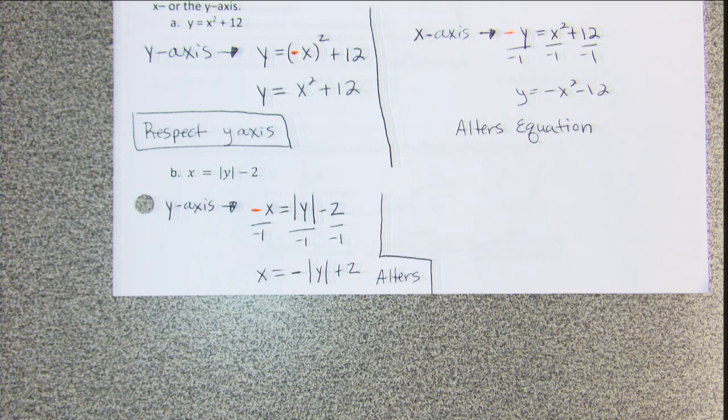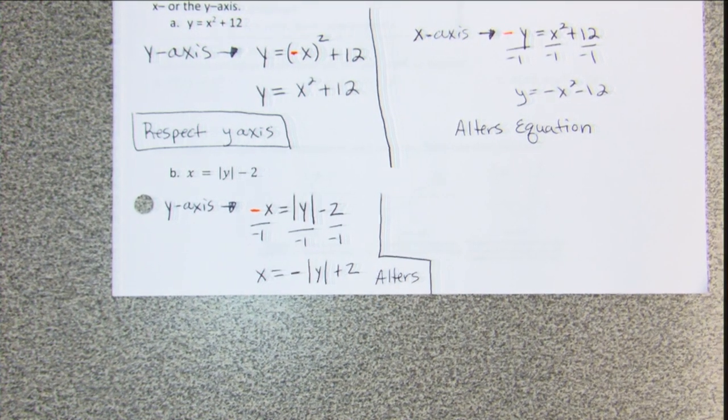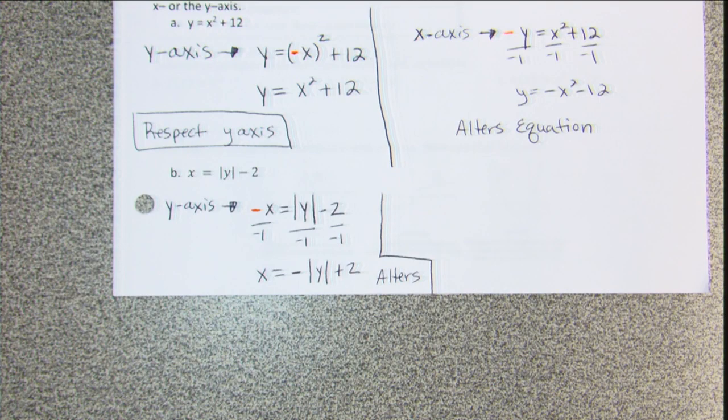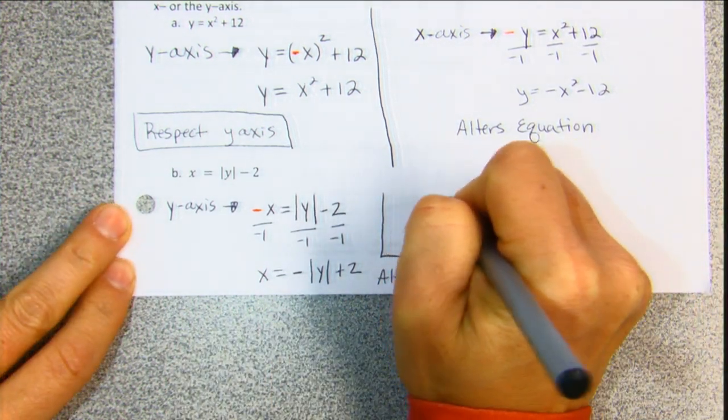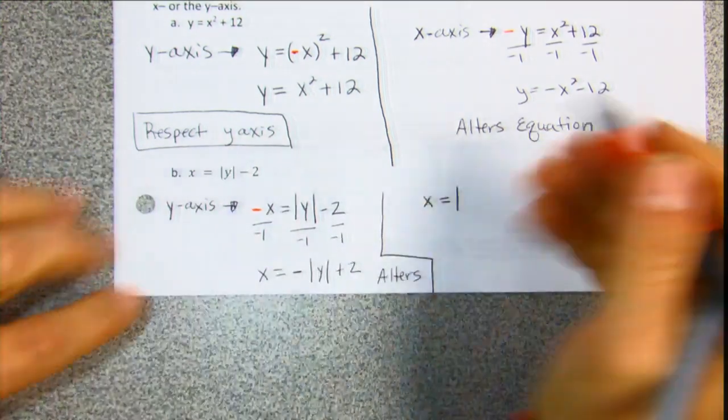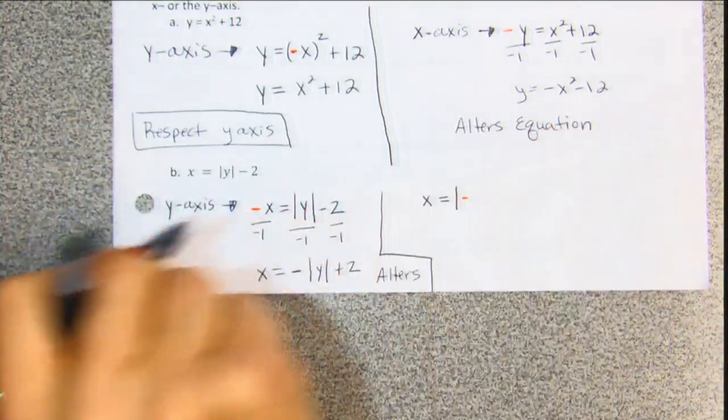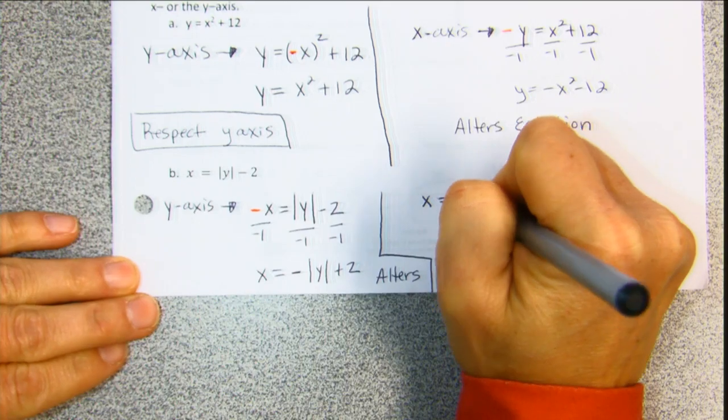We need to see if it's in respect to the x-axis. And by the way, just because one doesn't work doesn't mean it's always the other. It could be neither. In our notes, it's one or the other, but it could be neither. So always check both of them if the first one doesn't work. So if you're putting a negative in there, it's inside that absolute value bracket.